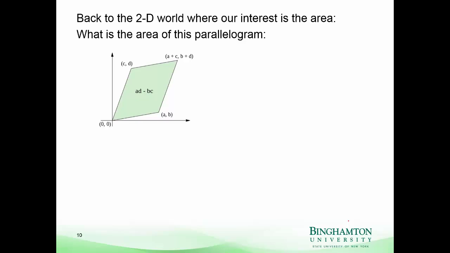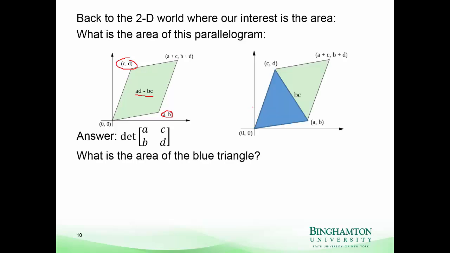So there's a parallelogram. We've got two vectors, (A, B) and (C, D), and we know the determinant of that is AD minus BC.